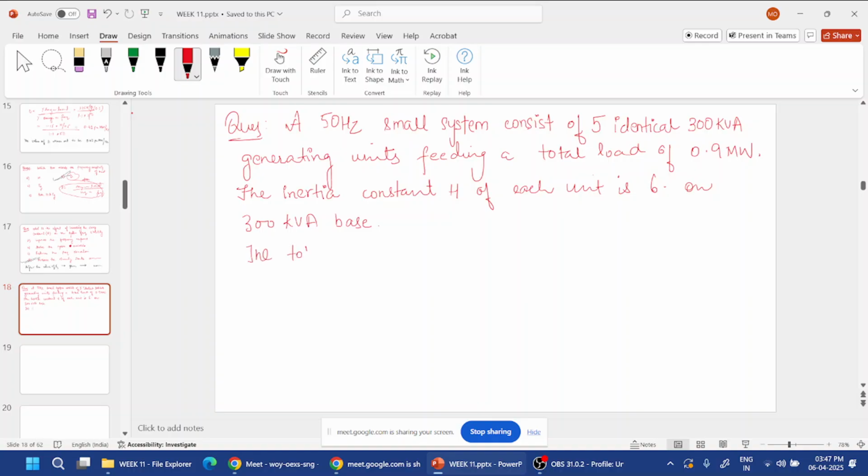The total load varies by 5% for 1% change in frequency.